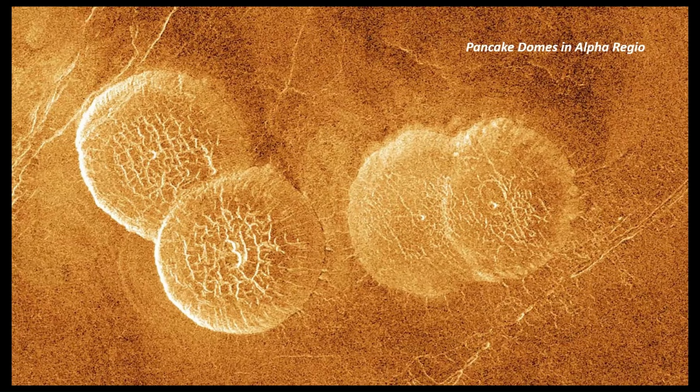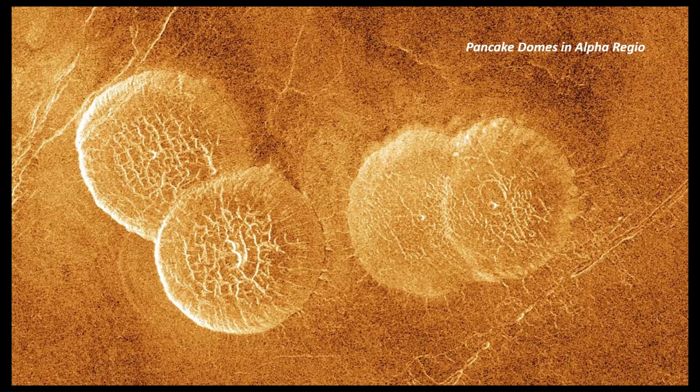They're called pancake domes, but they're all classified as shield volcanoes. They have an average diameter of about 25 kilometers or 16 miles, and the maximum heights are about 750 meters or about 2,460 feet.